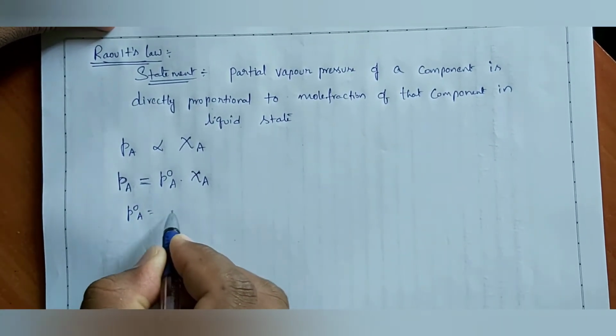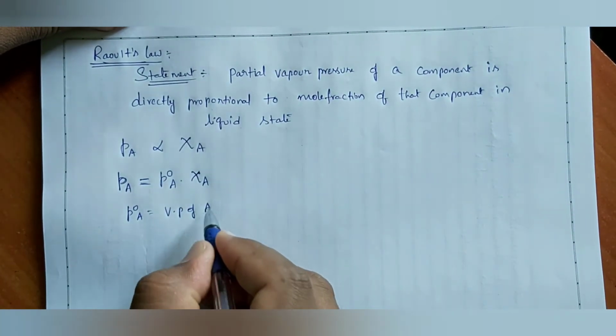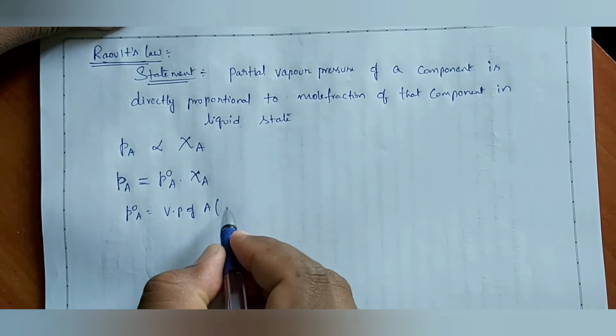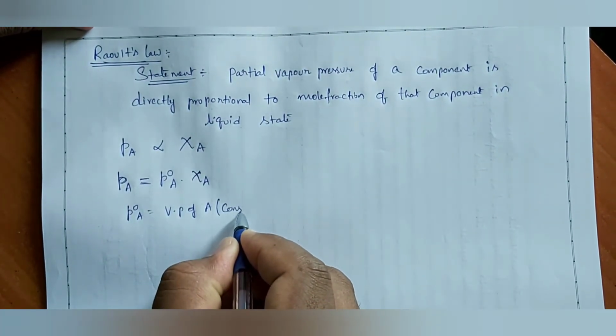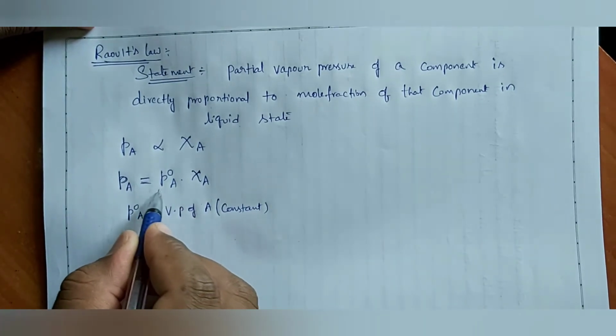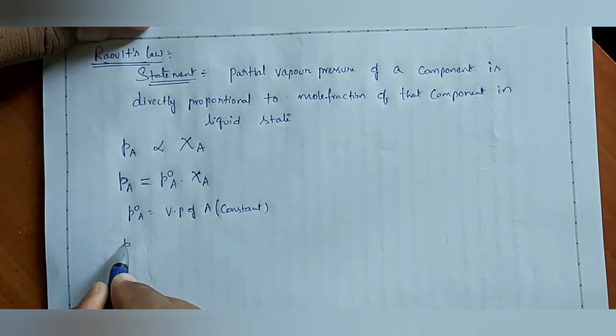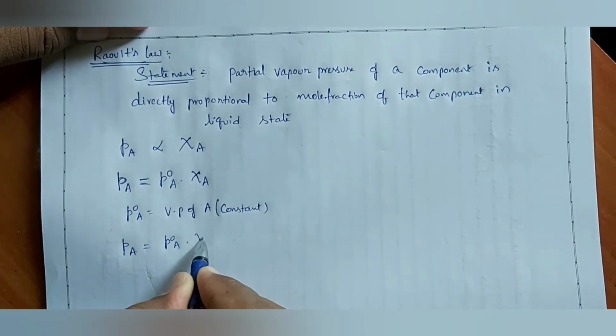P naught A is equal to the vapor pressure of A, which is constant. That's why I removed the directly proportional and kept this constant. So finally, the partial vapor pressure of A is equal to P naught A into chi A.